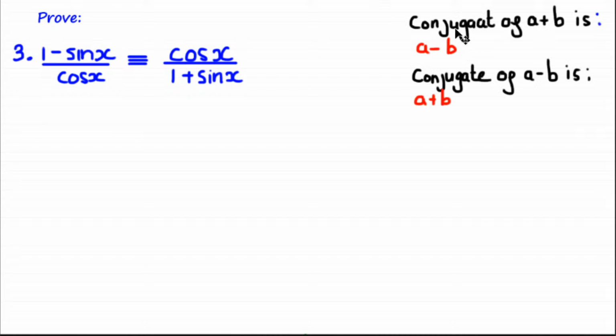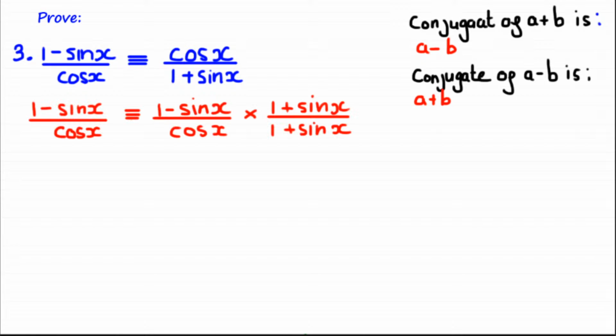The conjugate of a plus b is a minus b, and the conjugate of a minus b is a plus b. You should all be familiar with conjugates at this level. If you remember rationalizing surds, you use a conjugate to do that. So we're going to use the conjugate to get another term, and you'll see how it works.